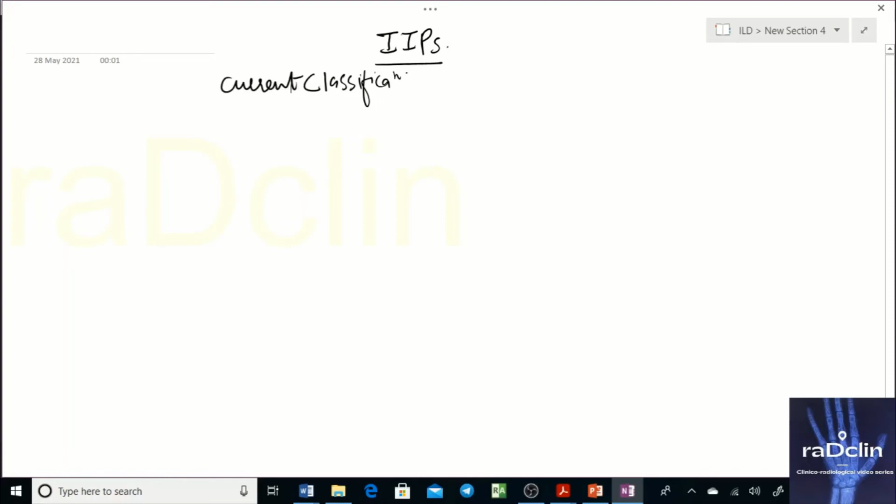These are the two societies that have come together to give the classification. All those things which we're going to discuss are given by these associations. It's a 2002 classification.